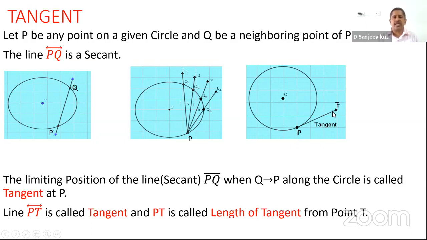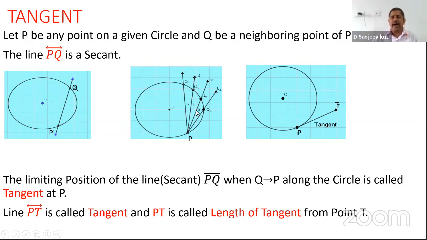So have you understood this? Right? If you take a point P on a circle and Q is a neighboring point of P on the circle, the line segment PQ is called a secant. The limiting position of the line. What do you mean by the limiting position of the line? One of the points is fixed and the other is moving.